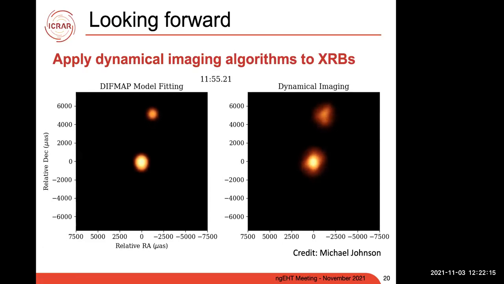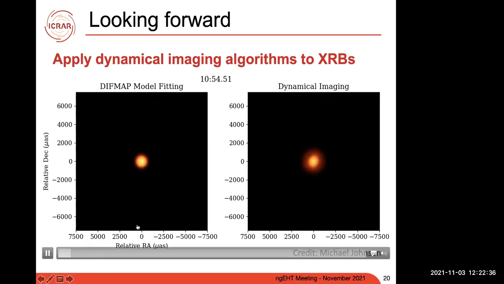And so we're interested in looking to see how we can take data from not just one frame, which is what we did with the DIFMAP modeling, but also taking information from the surrounding frames through some regularization to get a better handle on what's going on and have more information when we're reconstructing what's going on. And now the movie just runs backwards. So I'll pause it there and move on.